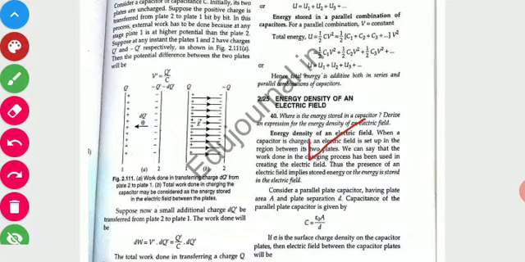Suppose at any instant plate 1 and plate 2 have charges q dash and minus q dash respectively, as shown in the diagram. In figure A it is shown the work done in transferring charge dq dash from plate 2 to plate 1, and B shows the total work done in charging the capacitor.